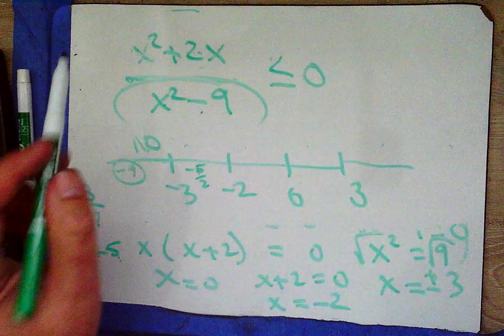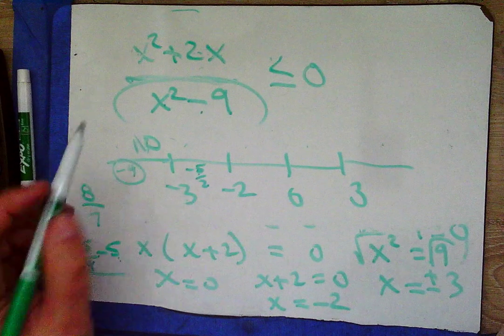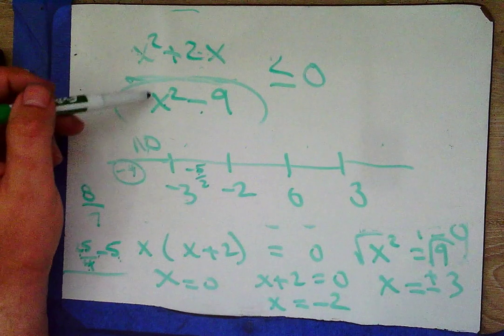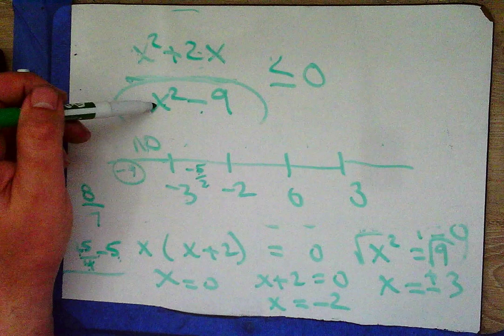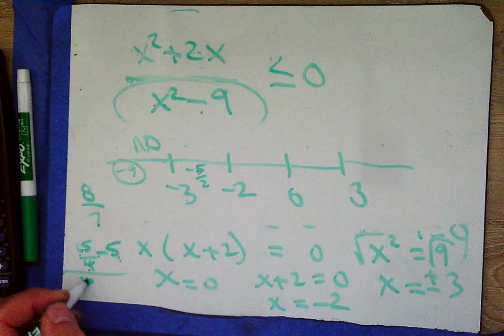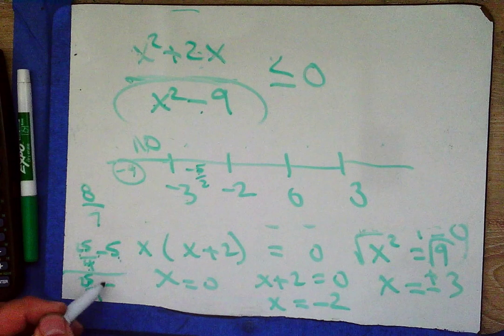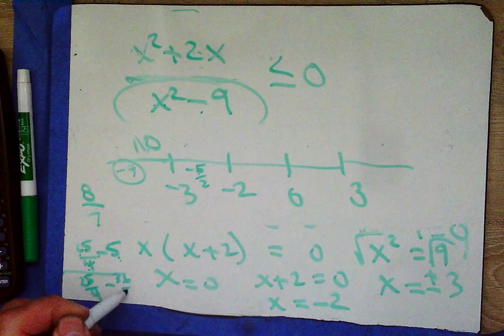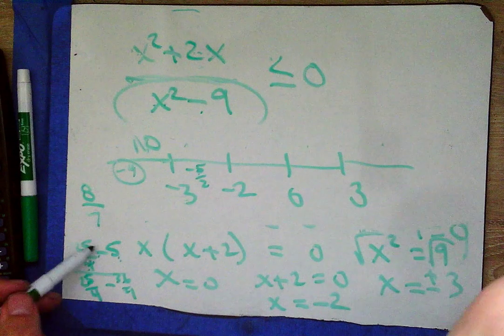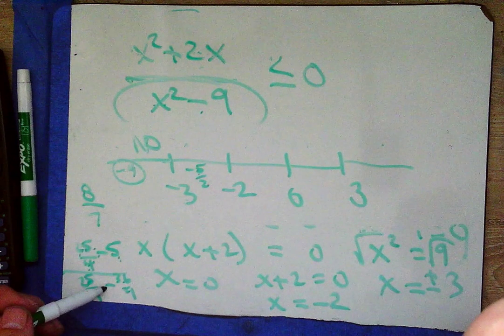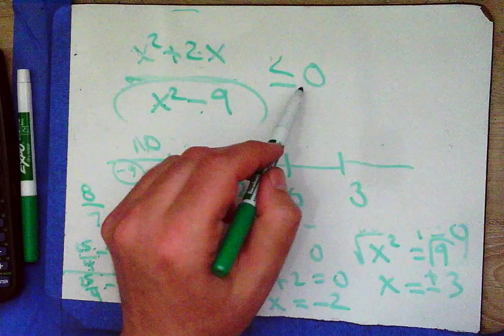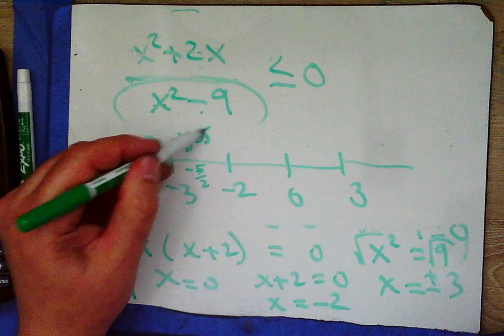Oh, and that's just the top. Still got to do the bottom. Negative 5 halves squared is 25 fourths minus 9, which is 36 fourths. I have a positive on the top, a negative on the bottom, and so I've got a negative number, and that is less than or equal to 0.